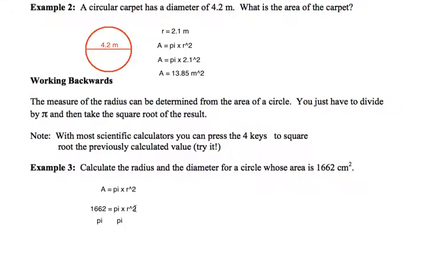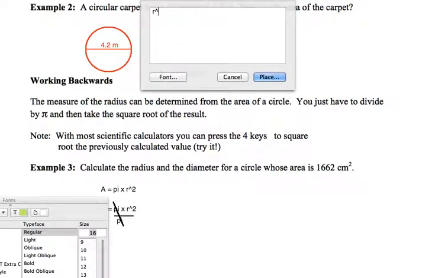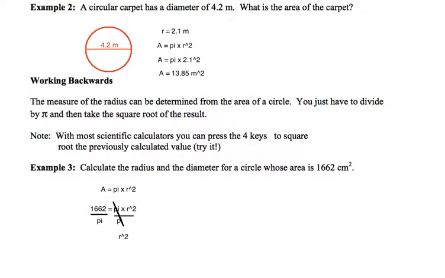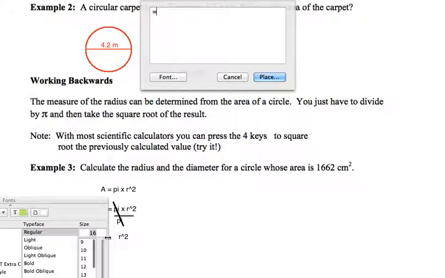So if normally BEDMAS says I do exponents first and then multiply, then if I'm solving for the thing, reverse BEDMAS would mean I take away the multiplication first and then I take away the exponent. So taking away the multiplication first means dividing both sides by pi. And again, here that just means the pi's cancel out, so that on the right side, I'm just left with r squared. I've got my equal sign right where it should be, right in the middle.